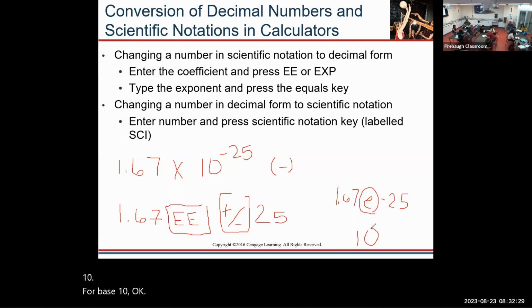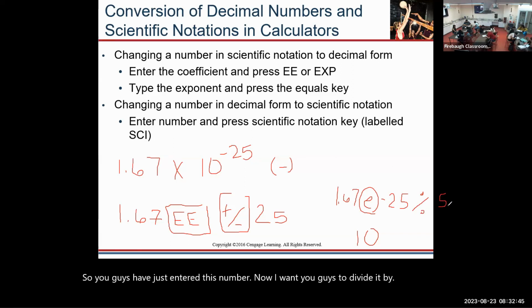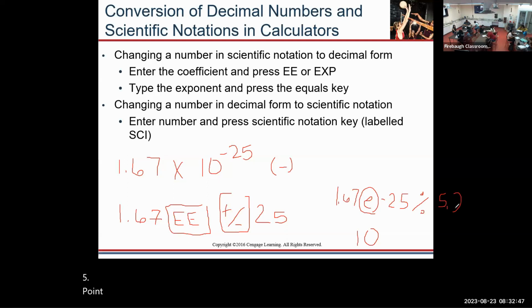Okay, so this is what I want you guys to do. So you guys have just entered this number. Now I want you guys to divide it by 5.24 times 10 to the negative 50.